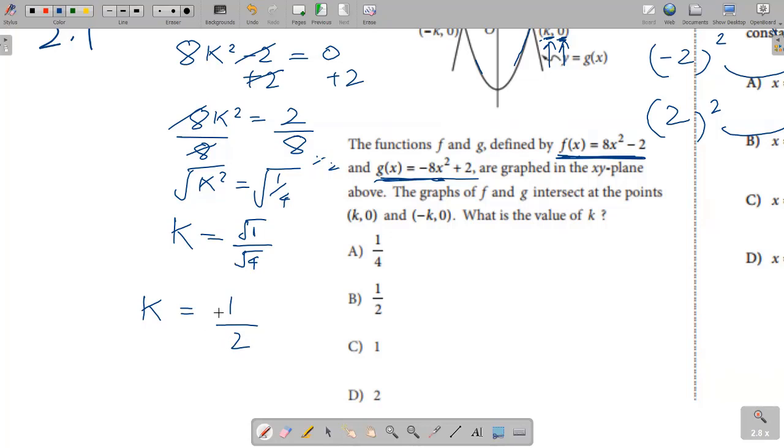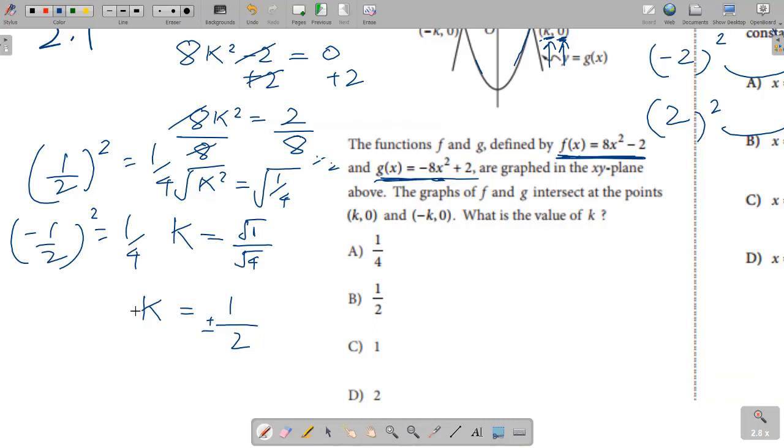So you can take both the values as positive 1/2 or negative 1/2. Why? Because 1/2 squared will be 1 over 4 and negative 1/2 squared will also be 1 over 4. That's why you will take both the values. So k is positive 1/2 and k is negative 1/2.